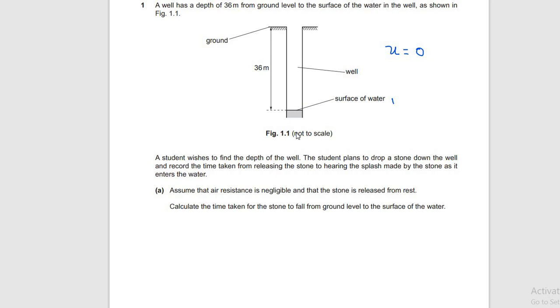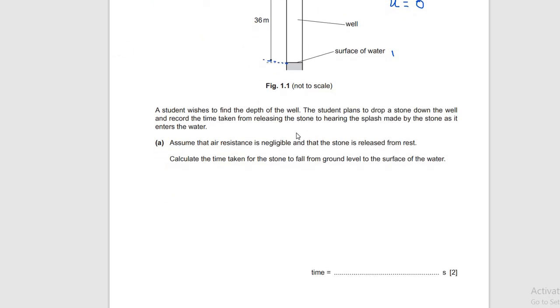So calculate the time taken for the stone to fall from the ground. This is the ground, this place is the ground, to the surface of the water. We are going to apply SUVAT.